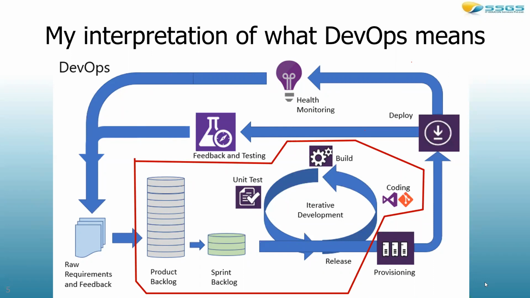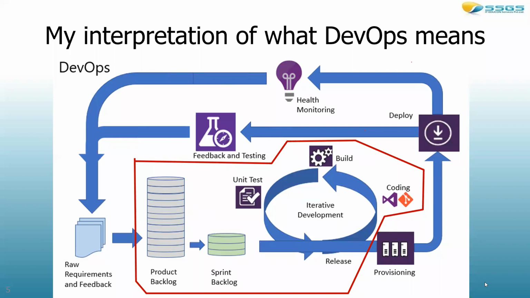So here we are assuming that the testing which happens on the testing server or testing environment is the responsibility outside the Scrum team, and giving the feedback also is the outside responsibility.